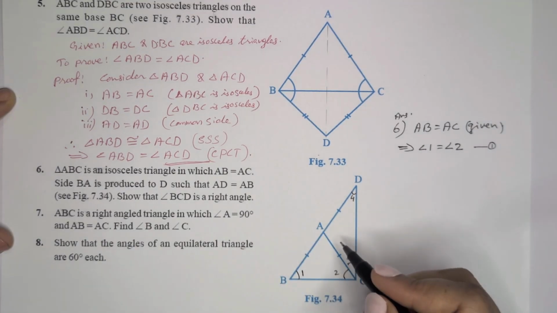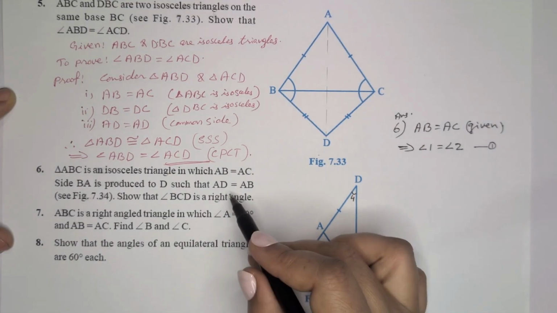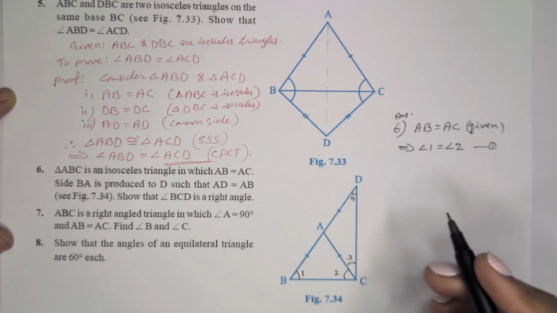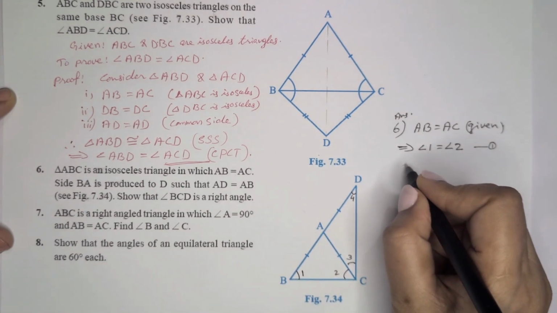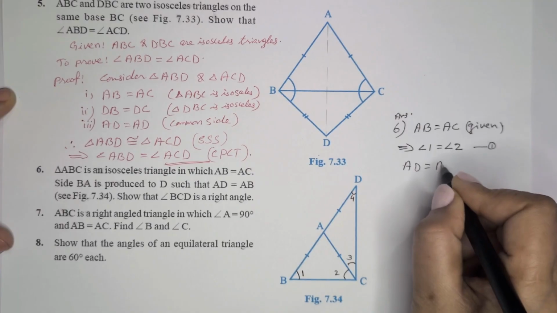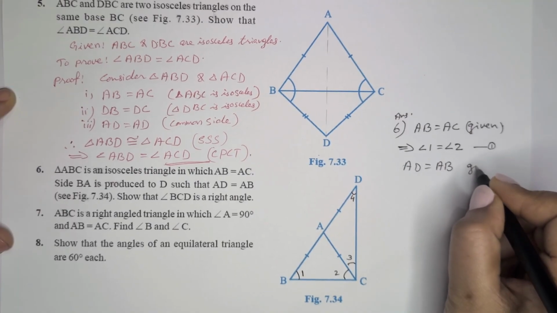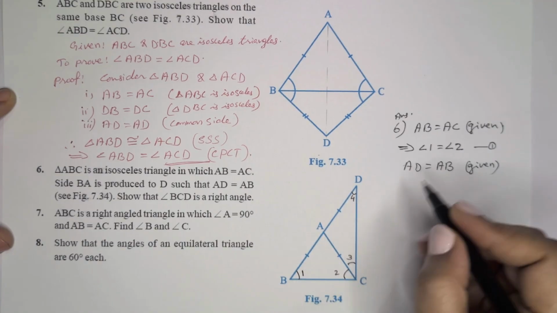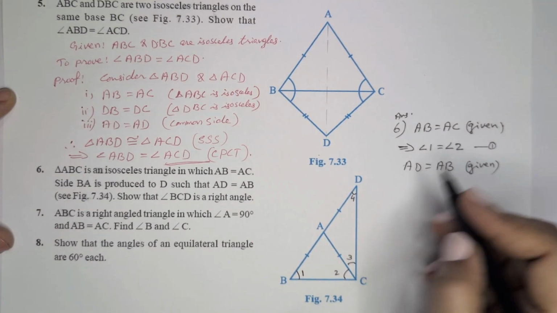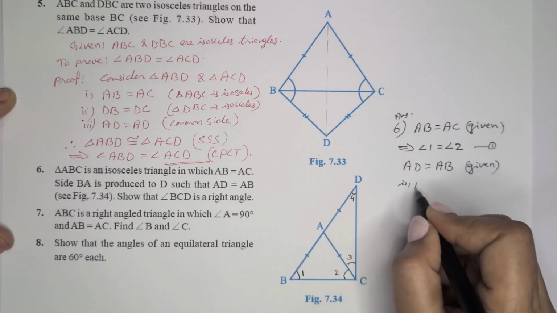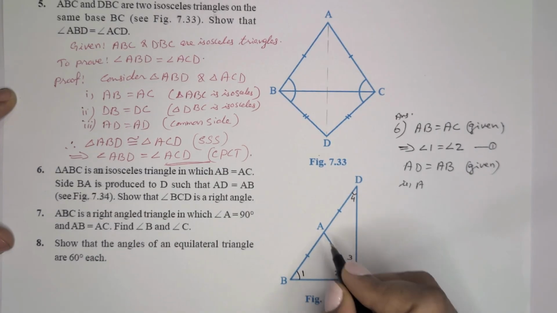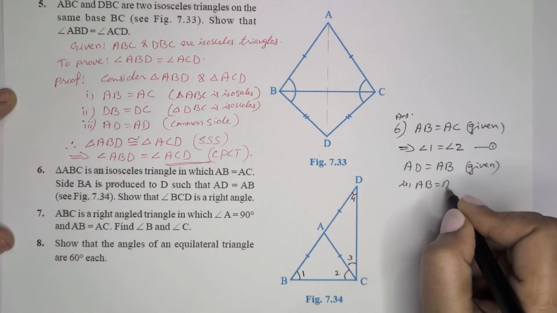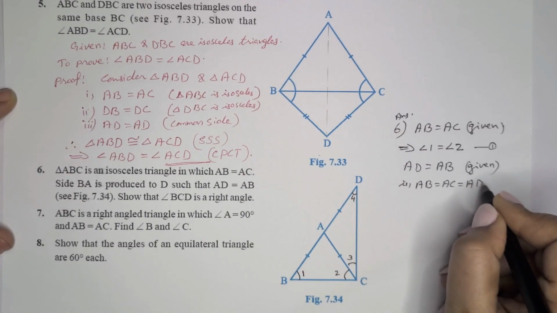Then again here it is given AD is equal to AB. We already know that AB is equal to AC, so AB is equal to AC is equal to AD.